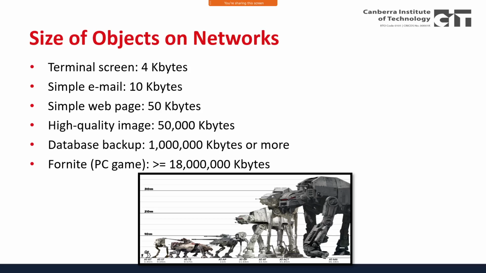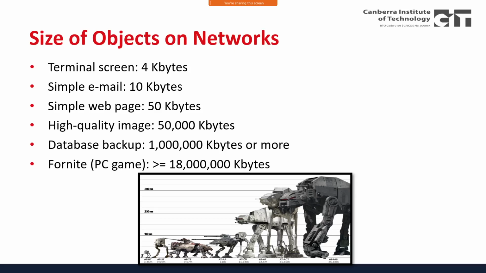Now, I remember back in the day, those more complex websites with a few more images were way above 50 kilobytes. So if you started using the internet when it was still dial-up, or in the infancy, the beginning of ADSL, you remember that opening a web page would be extremely slow to load.